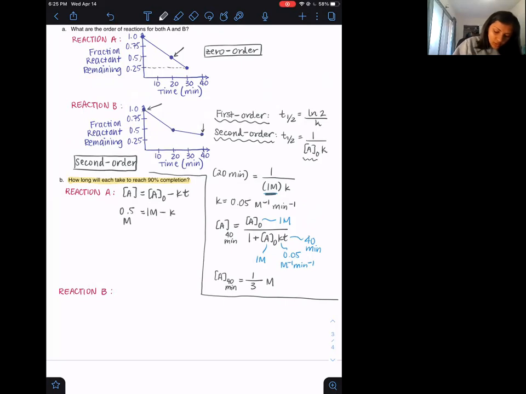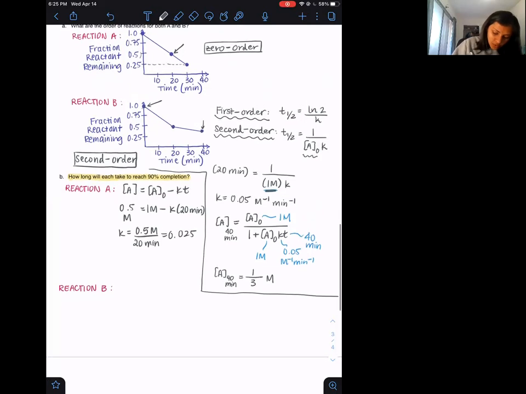So 0.5 is equal to 1 minus K, and then T would be the 20-minute time point. So then we can solve for this, and what we get is that K is equal to 0.5 molar over 20 minutes, which is equal to 0.025 molar per minute. So that is the value of K that we get.